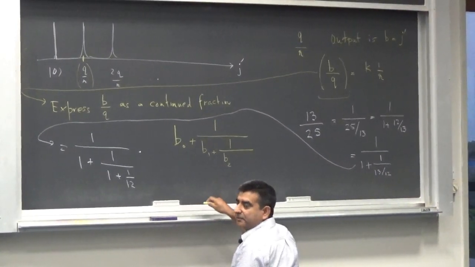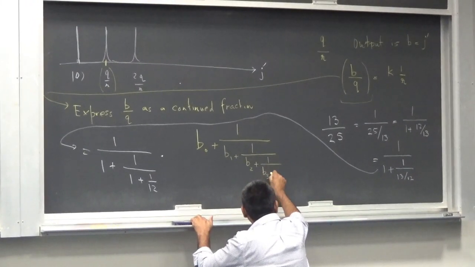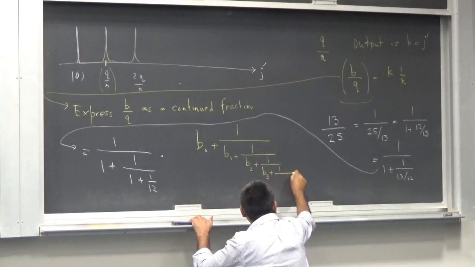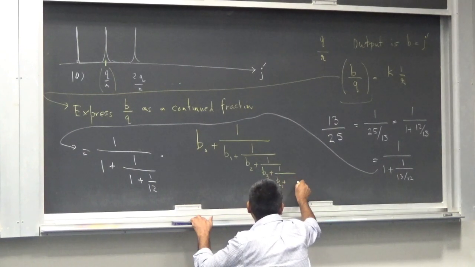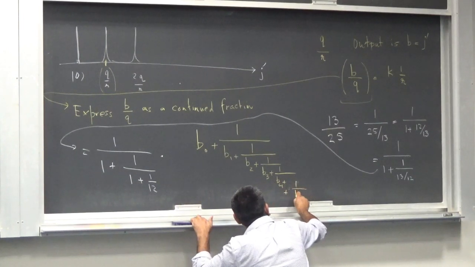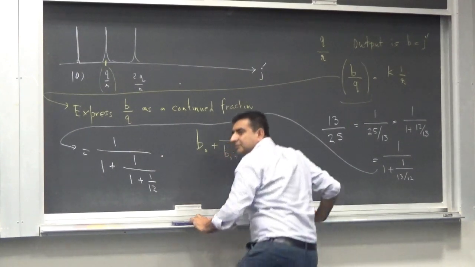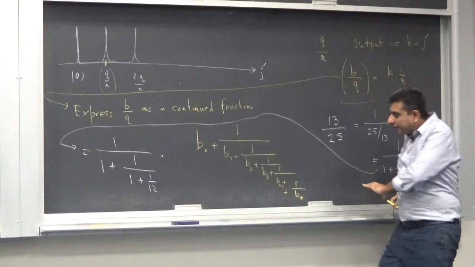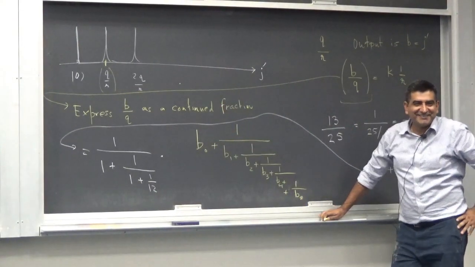All of these b's are real numbers, plus 1 over b3 plus 1 over b4, and I can go to wherever I like. Eventually I terminate somewhere, right? So this is a continued fraction expansion of some fraction. Okay?